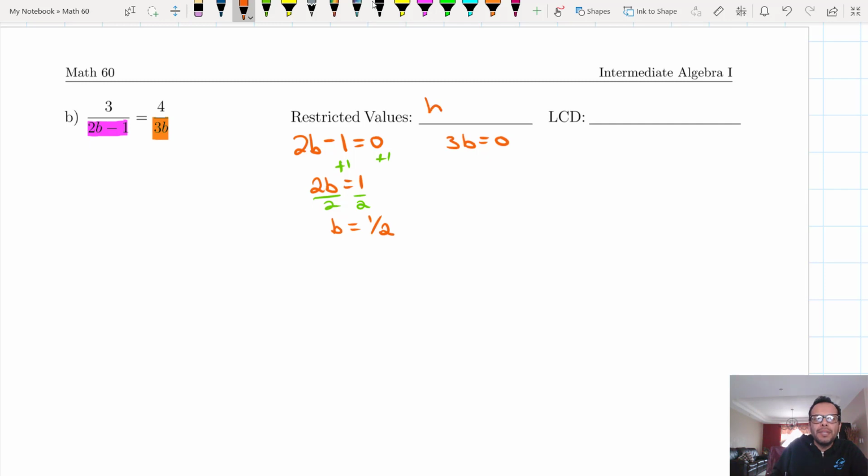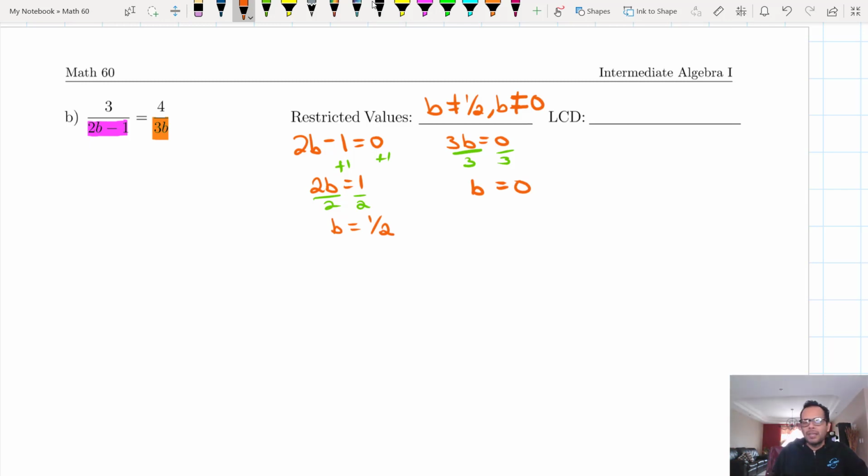So b cannot be 1/2. The other restricted value comes from the other denominator: 3b equals 0 gives b equals 0. So b cannot be 0 either, because otherwise the denominator becomes 0 for these two values and the equation goes undefined.